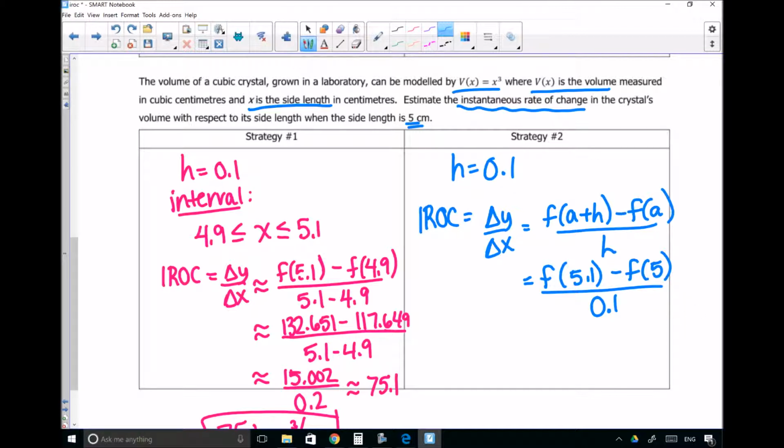Okay, so then I end up getting, and sorry, again, this is an approximation, okay? So I end up getting, we know f of 5.1 is 132.651, and then f of 5 is just 5 to the power of 3, which is 125, all over 0.1.